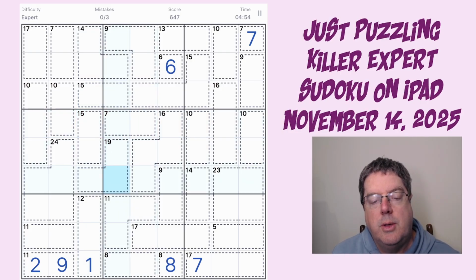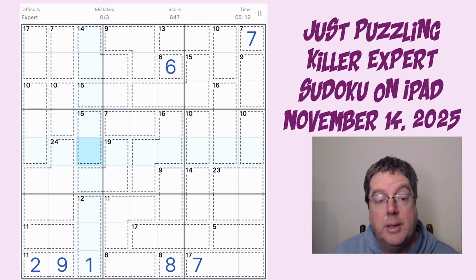This is interesting. 6 and 23, so this is going to be 22, which is 9, 8, and 5, or 9, 6, and 7. So that means that can't be a 9. So this is a 9 here with a 6.